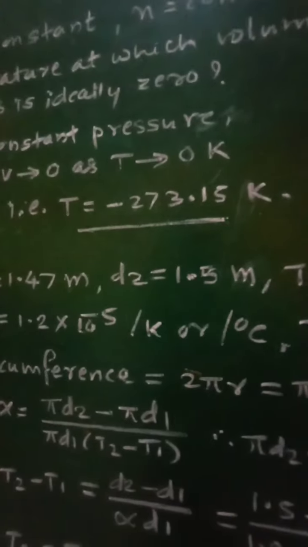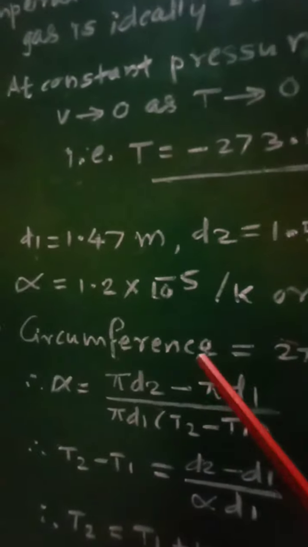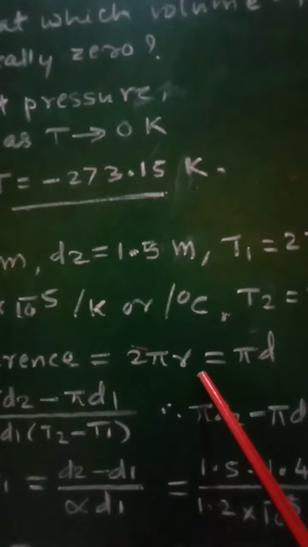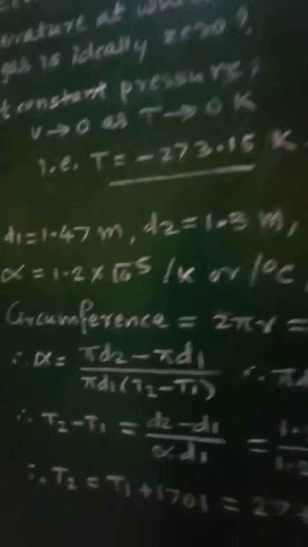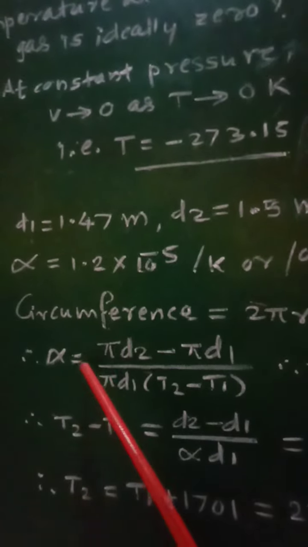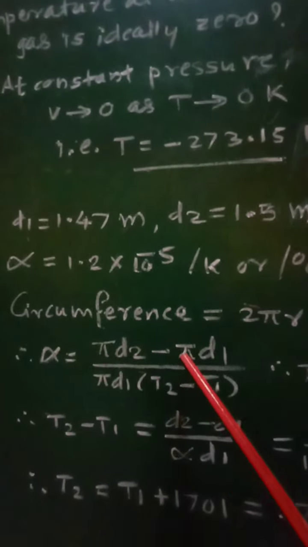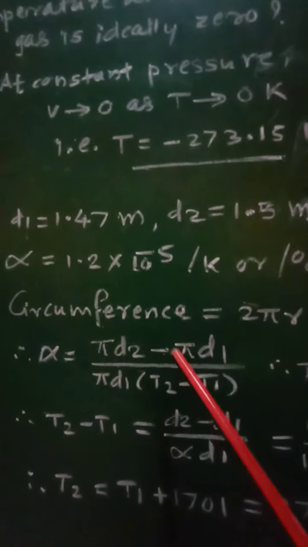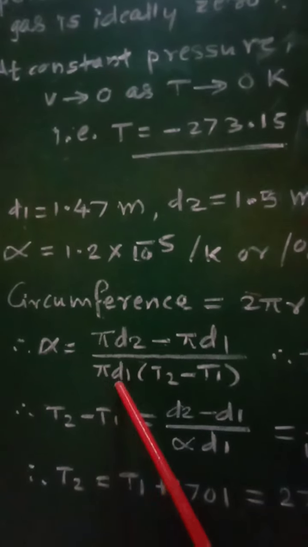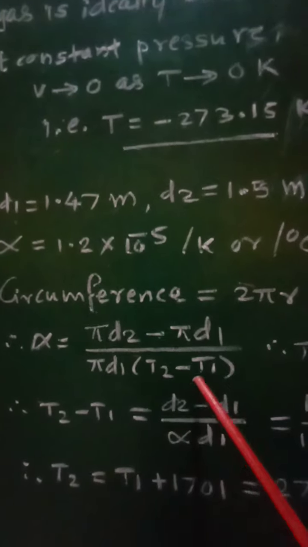Now if you consider the circumference of the circular ring or that rim, it is given by 2 pi r, that is pi d, and therefore from this equation we can write alpha is equal to pi d2 minus pi d1, that is the change in circumference, divided by original circumference of that rim, that is pi d1 into t2 minus t1.